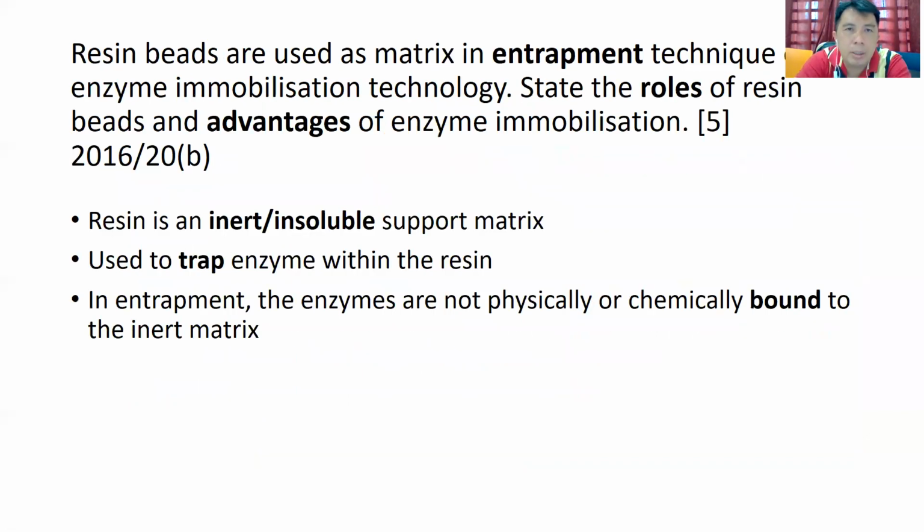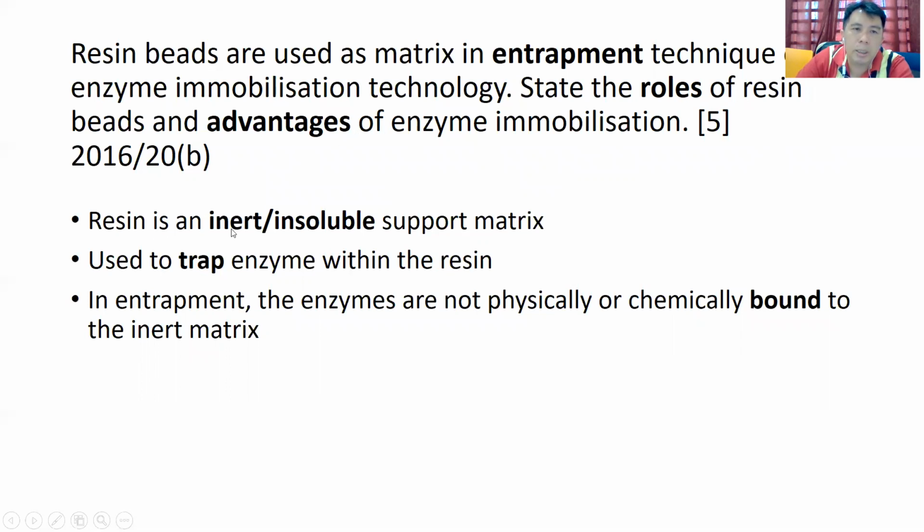Resin beads are used as matrix in entrapment techniques for enzyme immobilization technology. State the role of resin beads and advantages of enzyme immobilization. This is from year 2016. They give you the enzyme immobilization technique, which is entrapment. State the role and the advantage.